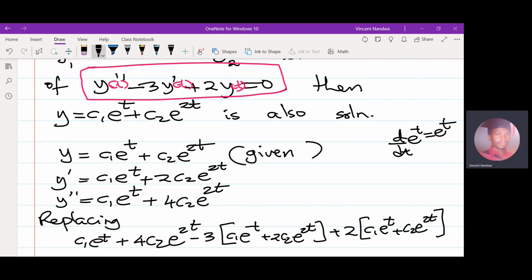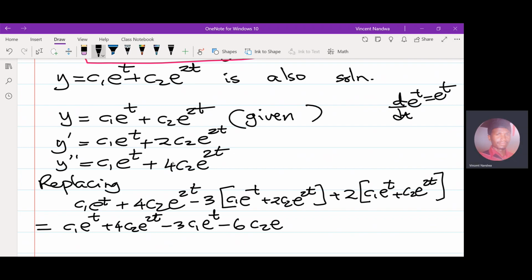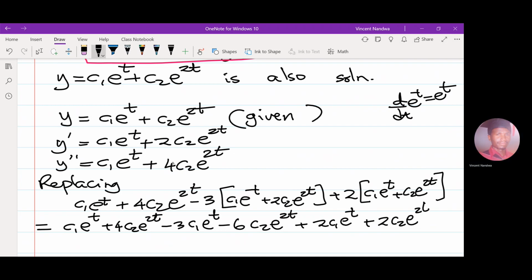We want to show that when you simplify this expression, we get 0. If that's the case, then it is true that it's a solution. So this will give us C1 e power t plus 4 C2 e power 2t minus 3C1 e power t minus 6 C2 e power 2t plus 2C1 e power t plus 2C2 e power 2t.